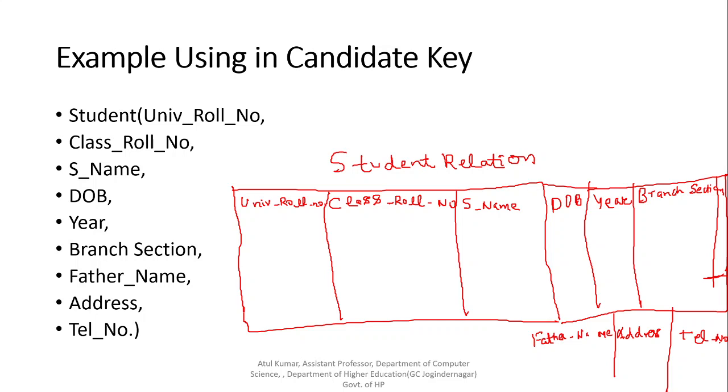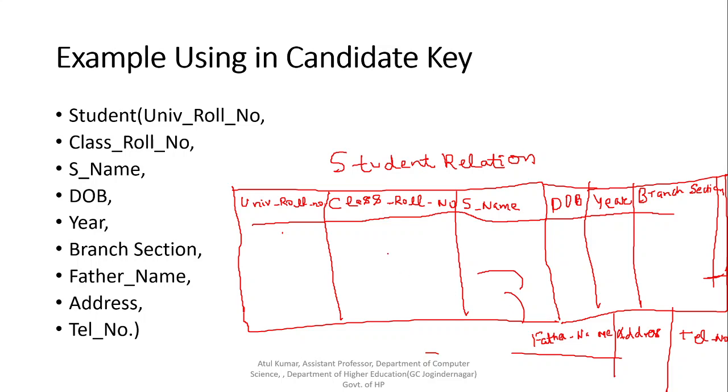So this is a student relation, and it is constituted of university roll number, class roll number, student name, date of birth, year, branch section, father's name, address, and telephone number as attributes.